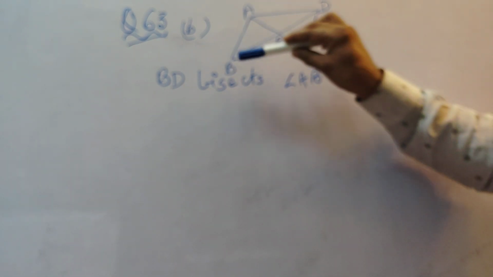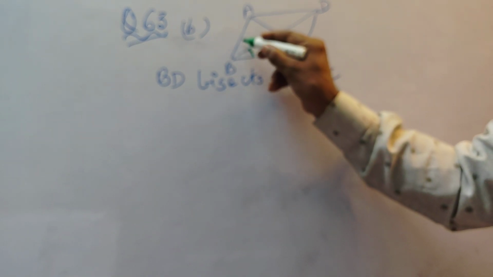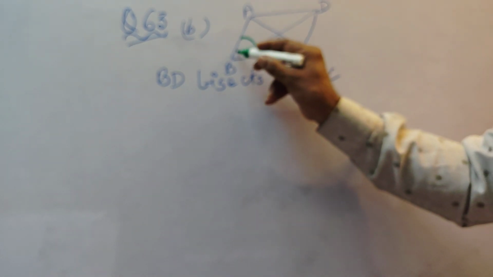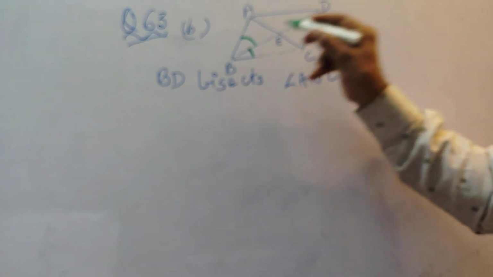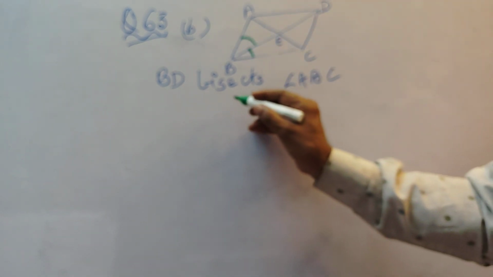So where is the angle ABC? Angle ABC is here at point B, and in the case of a parallelogram, these two angles are not equal. It means the diagonal does not bisect the angle in a parallelogram. This is the property.